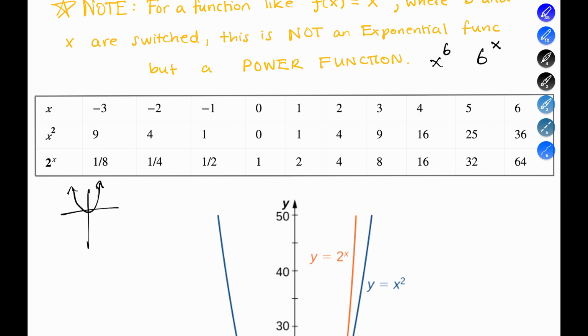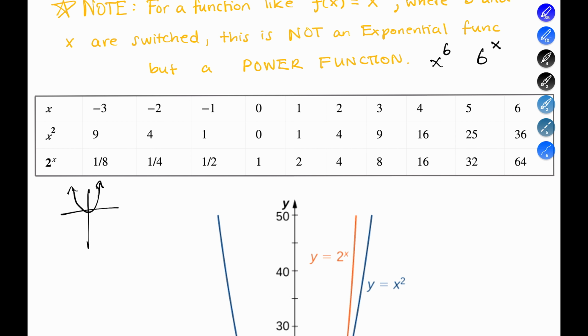And then we have an exponential function 2 to the power of x, where the base is the constant and the power is the changing variable.